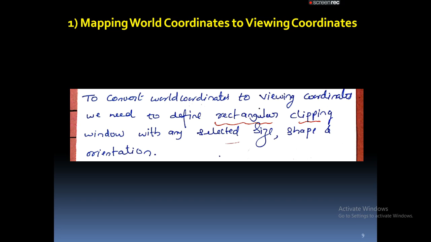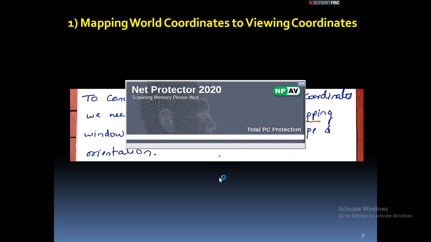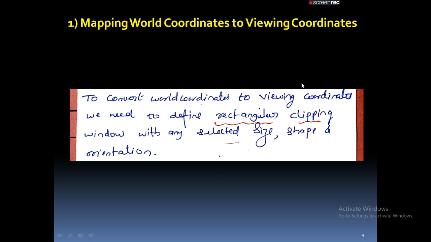Whatever object we created, we want to display that object on the screen of the monitor. Then we need to map the mathematical description of the object with respect to modeling coordinates or world coordinates to screen coordinates.